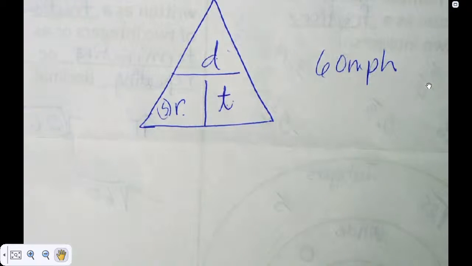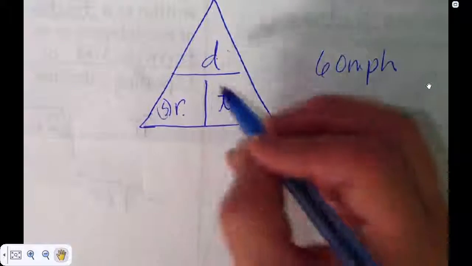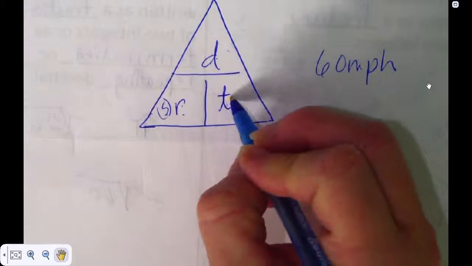Y'all were right. 60. You just weren't very confident. You're going to go 60 miles in 1 hour. So in 2 hours, you would go how many miles? 120. Okay? So you're going to multiply the rate of speed times the time.